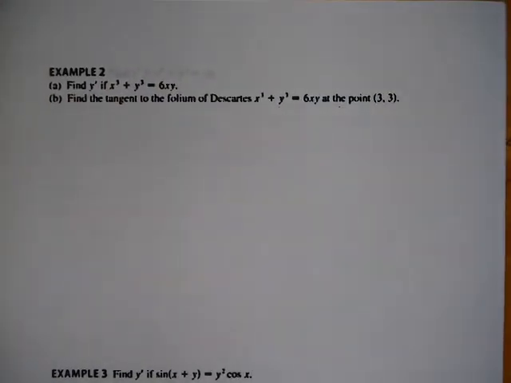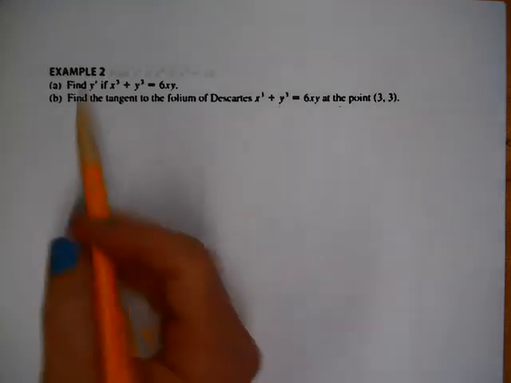Alright, so example 2. Find y prime if you're given x cubed plus y cubed equals 6xy. So again, we're doing the same thing. Taking the derivative of both sides, but remember, anytime you take the derivative of y, you're going to tack on y prime or dy over dx. Since they gave us y prime in this problem, I'm going to tack on y prime when I work this.